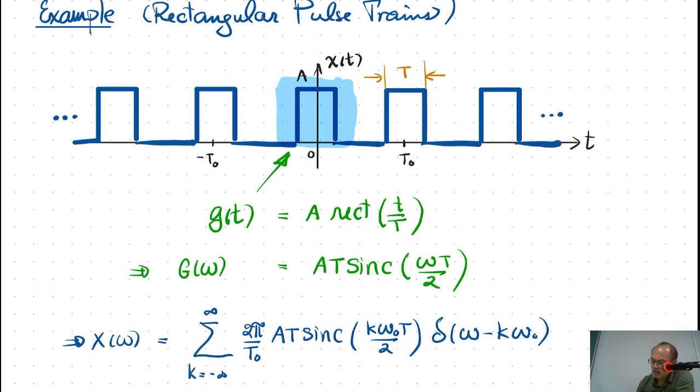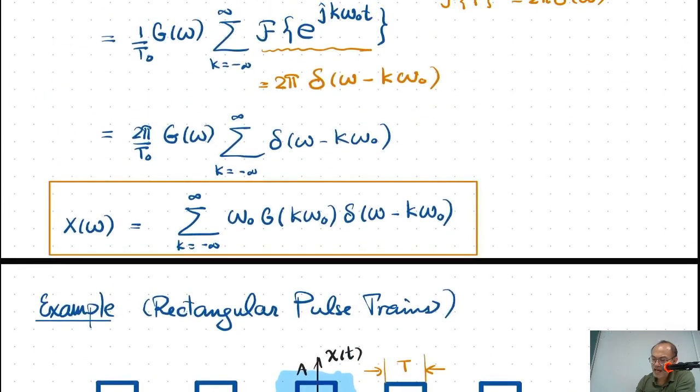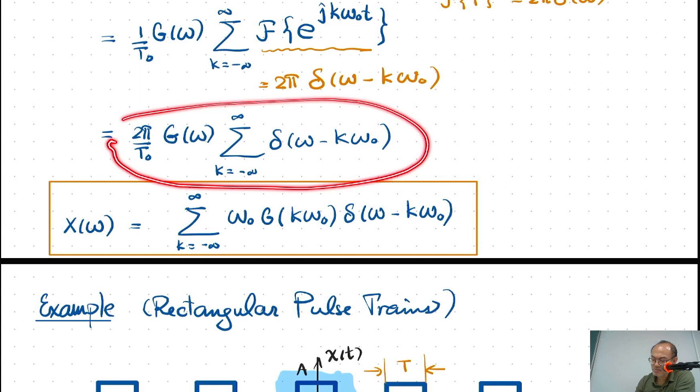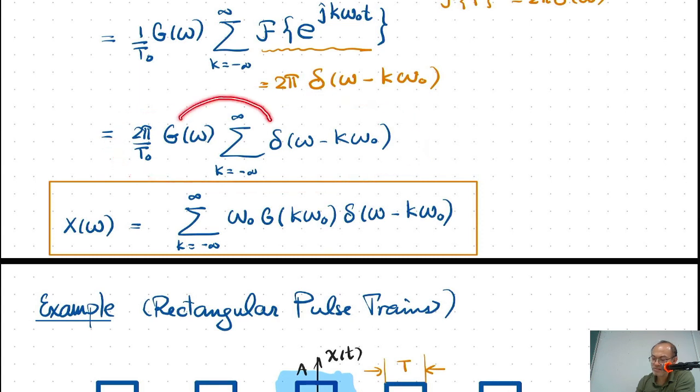The thing here comes from replacing omega with k omega 0. We have to replace omega with k omega 0 because we multiply this with delta. When we multiply something with delta, we just replace the variable with k omega 0, because delta is nothing except at k omega 0.